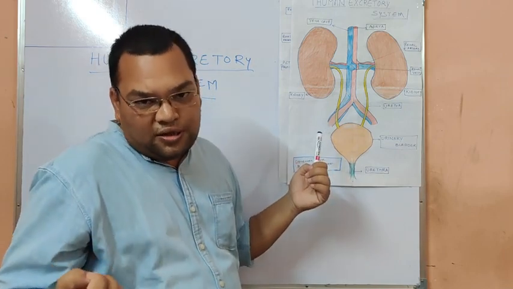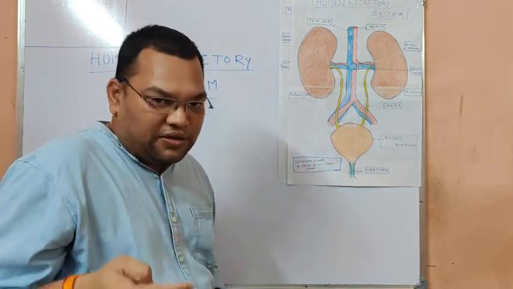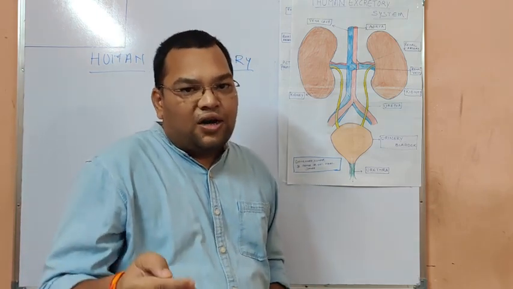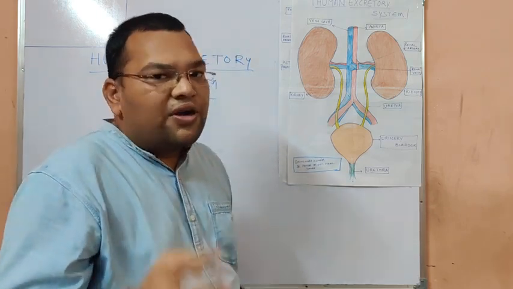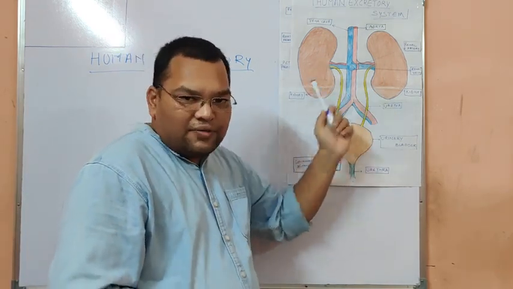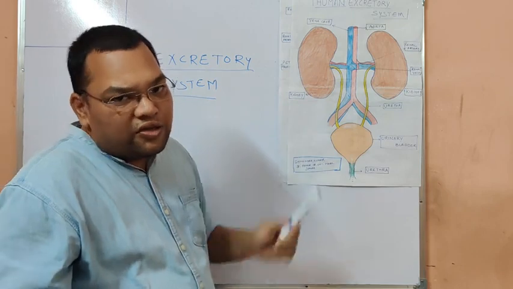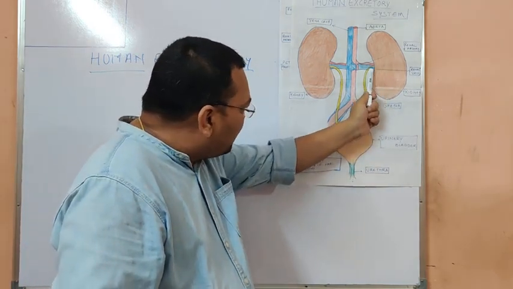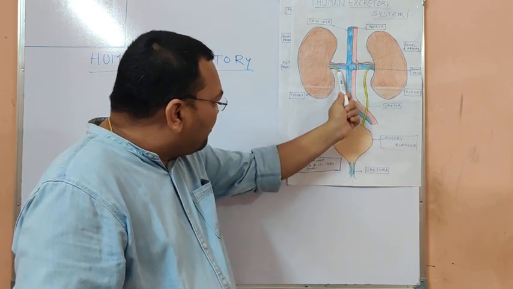Filtration of blood means the removal of nitrogenous waste, the removal of metabolic waste from the blood. It is called the filtration of the blood, which is done in these kidneys. In these kidneys, the urine is formed.